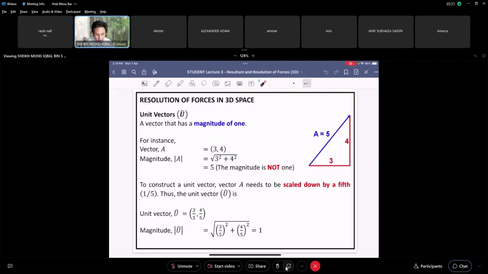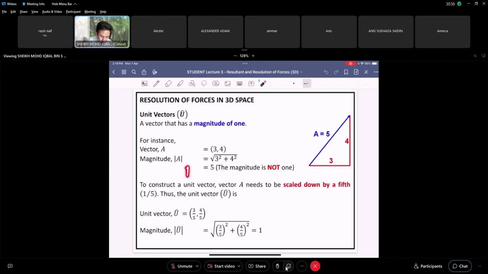But 5 is not 1. 5 is the magnitude, the length of this vector A here. So to calculate the unit vector, we have to change it into a magnitude of 1. So what do we do? We take the magnitude and divide it by 5. Once we divide this by 5, it becomes 1.